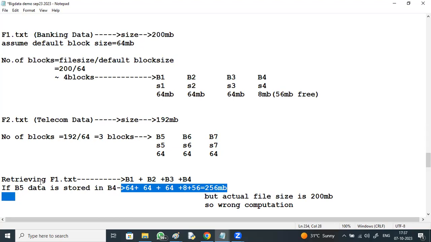If you are retrieving f1.txt, you retrieve B1, B2, B3 and B4. But then B1 64, B2 64, B3 64, B4 8 plus 56, totally 256.